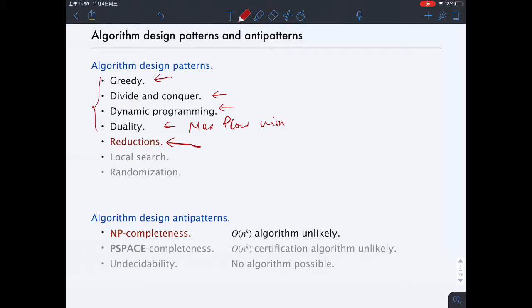So here the very central notion is the so-called NP-complete problem. If a problem is NP-complete, it's highly unlikely that there exists any polynomial time algorithm to solve it. We can only say it's highly unlikely because the P versus NP problem is one of the central open problems in theoretical computer science that has been around for at least 50 years.